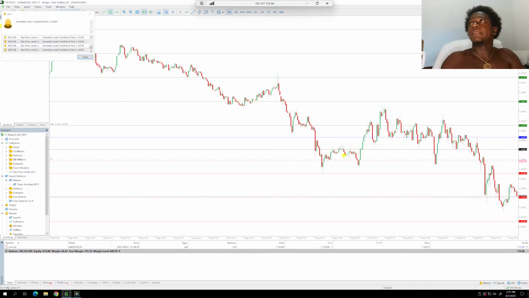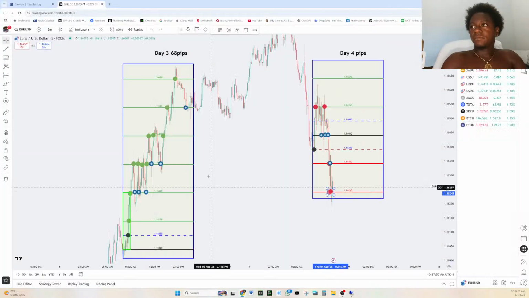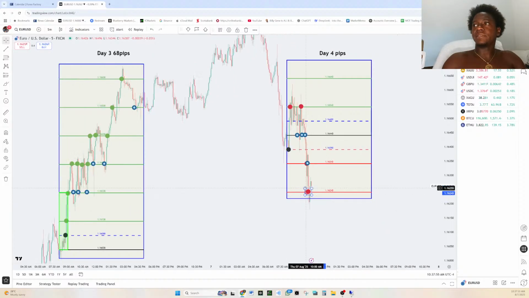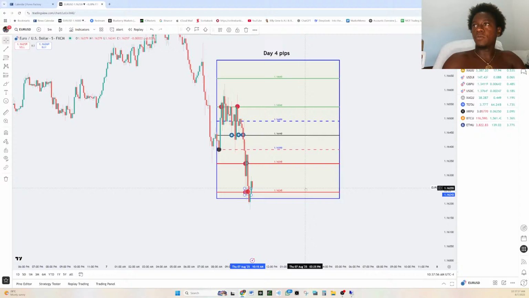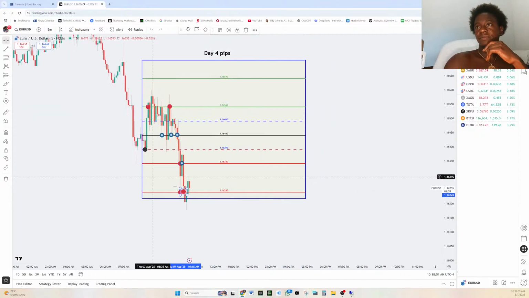Let's go on TradingView and just update what we have so far. I really wish I actually put this on FTMO. Probably would have recouped some of that profit, but it is what it is.